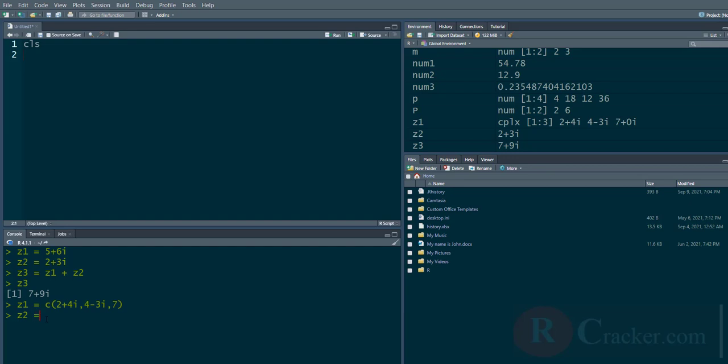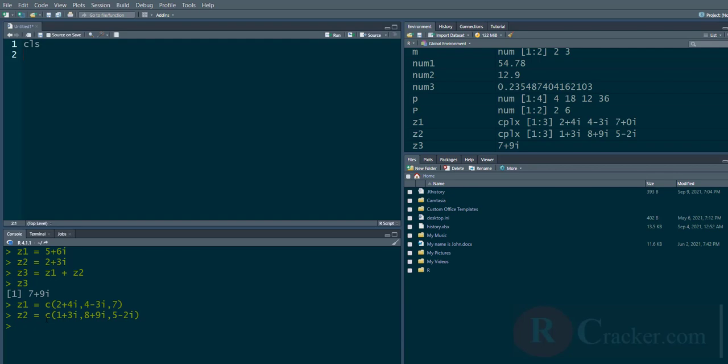Now Z2 is equal to c of 1 positive 3i, comma 8 positive 9i, comma 5 negative 2i. So Z1 takes the complex numbers 2 positive 4i, 4 negative 3i, and then 7. Z2 takes 1 positive 3i, 8 positive 9i, and 5 negative 2i.